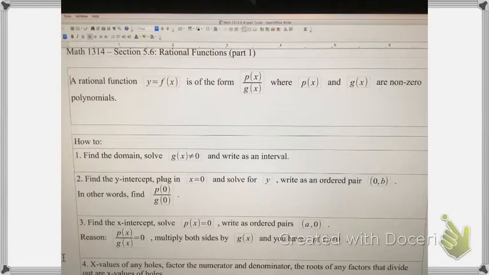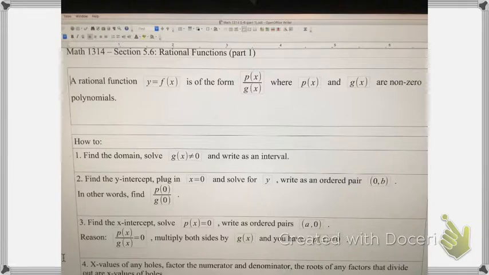Okay. The third thing we're going to look at is how to find the x-intercept. Basically, you're going to solve the top equal to 0, and write that as an ordered pair or pairs, depending on how many x-intercepts you have, a comma 0. The reason it's only the top equal to 0 is you can clear the fractions by multiplying the top and the bottom by g of x, and that'll leave you with p of x equal to 0.